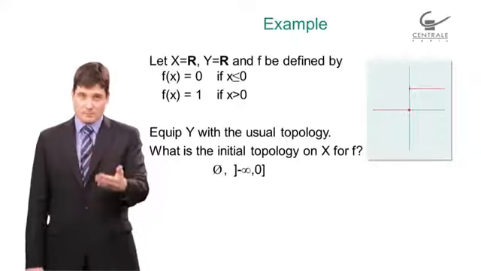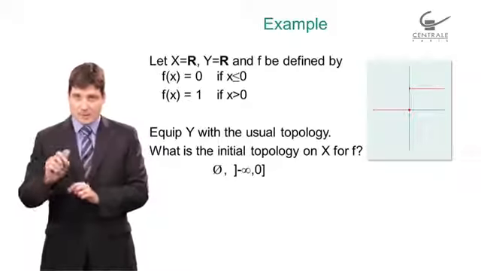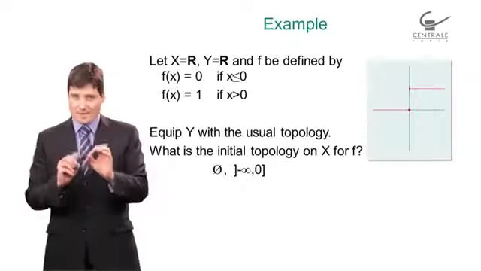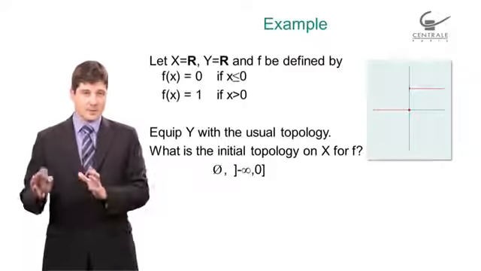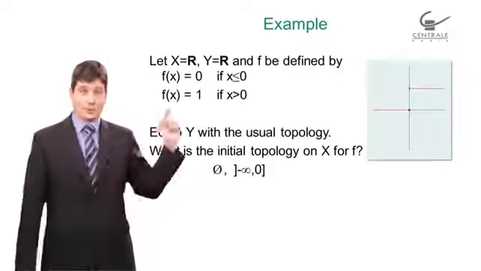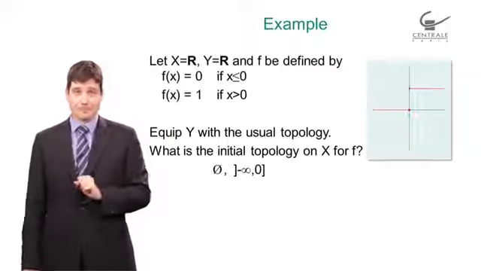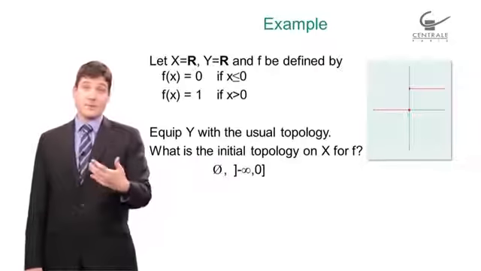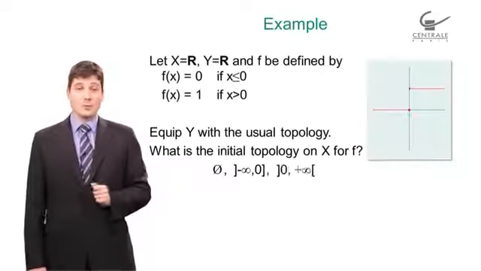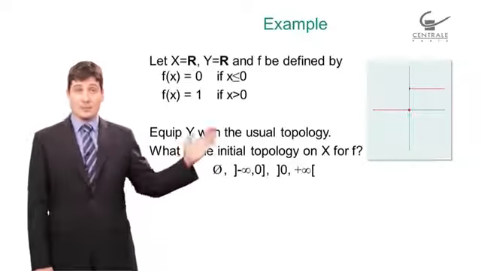You can try to understand why by looking at the inverse image of any set containing 0. You can pause this video if you want for a few seconds or a few minutes and understand why we have to have (negative infinity, 0]. We also have to have the inverse image of any open set containing 1. And you will see that it is (0, plus infinity).